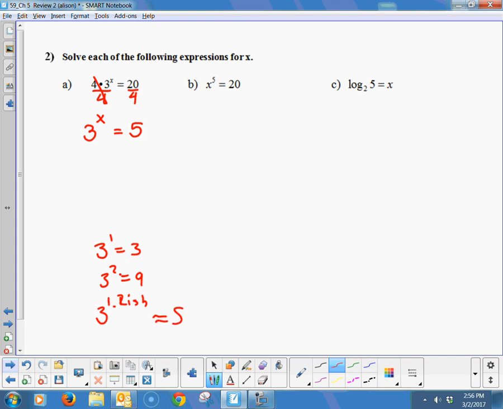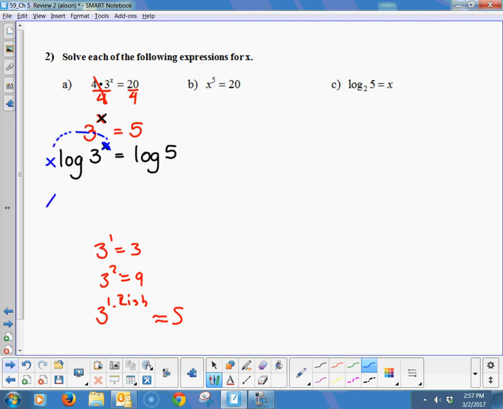Now, we're not going to solve these using guess and check, though. We need a method. And the method for getting this variable out of the exponent is to take a log base 10 of each side. So that would mean log of 3 to the x equals log of 5. And what we know is that when we have a log of a number to a power, we can take that power and swing it out front.